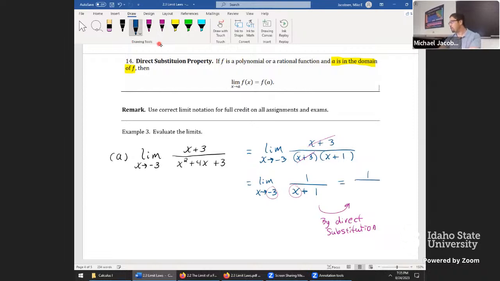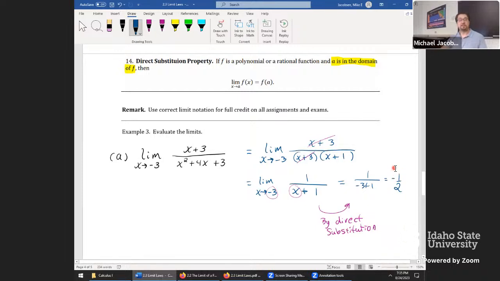So now we have 1 over -3 plus 1, which is -1/2 for the limit. So we did it, folks. That's our first nasty looking limit. This says the rational function, although it's undefined at -3, the closer you get to -3, the closer the graph height is going to get to -1/2. Any questions at all with that full run through?